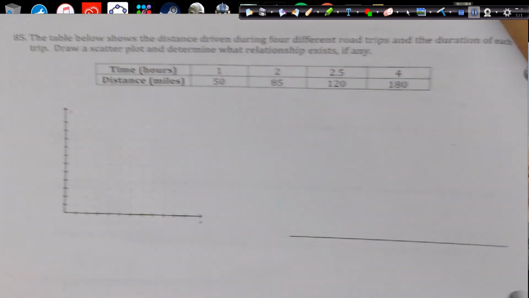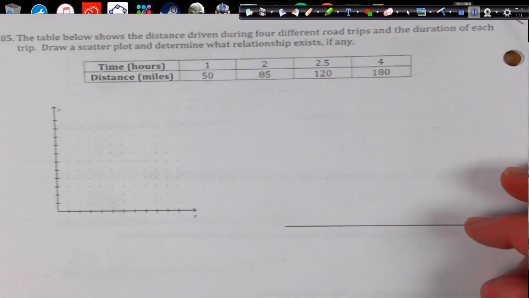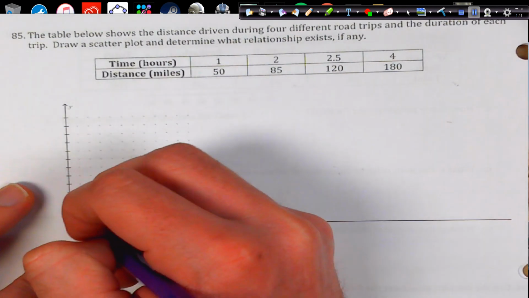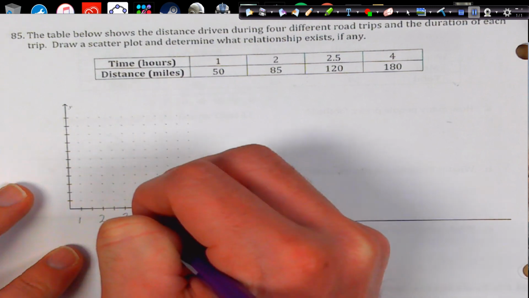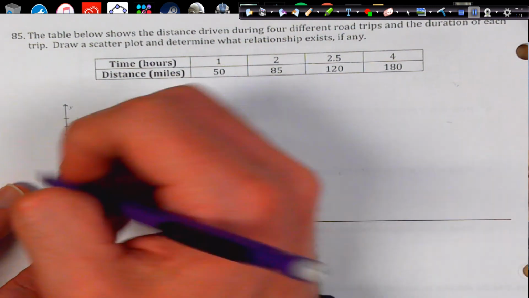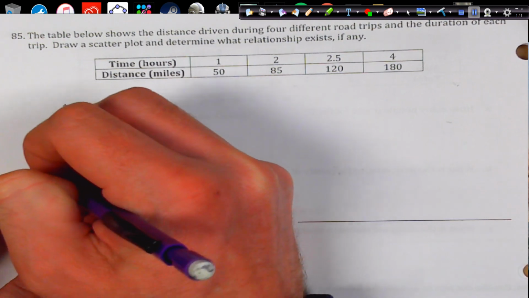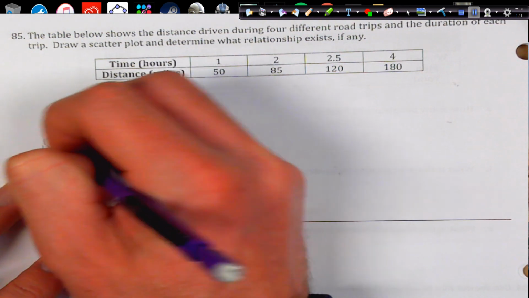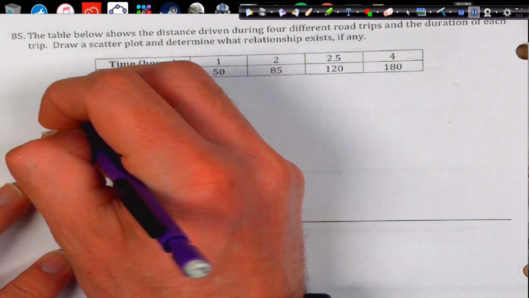And last question is, use the table to draw a scatter plot to determine if a relationship exists. So distance and time. Time's usually on the bottom, so we're going to do 1, 2, 3, 4. And then it looks like we're going from 50 to 180. 50, 60, 70, 80, 90, 100, 110, 120, 130, 140, 150, 160, 180.